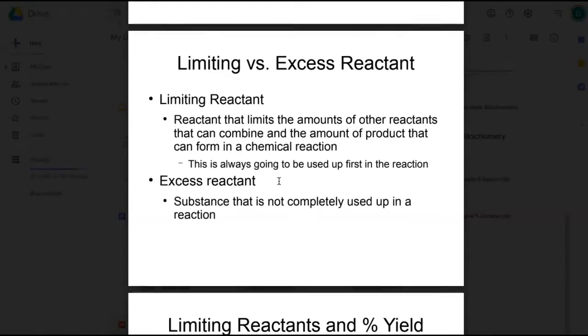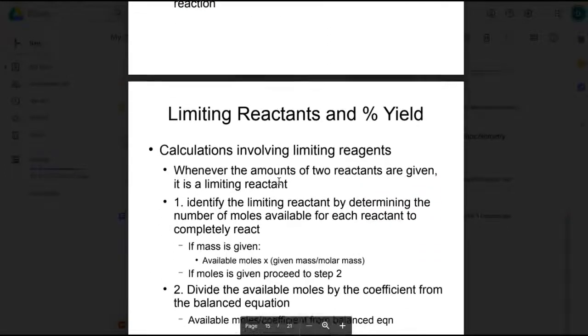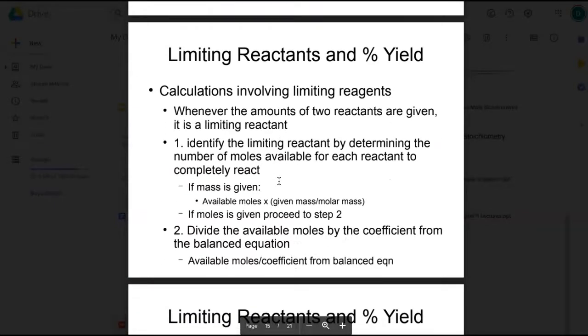And we can calculate the limiting and excess reactant by following these steps. When you read your problem, anytime you have two reactant values given, you know that it's going to be a limiting reactant problem. You first want to identify the limiting reactant by determining how many moles of a particular product could be produced, and whichever value is smaller, that's going to be your limiting reactant.